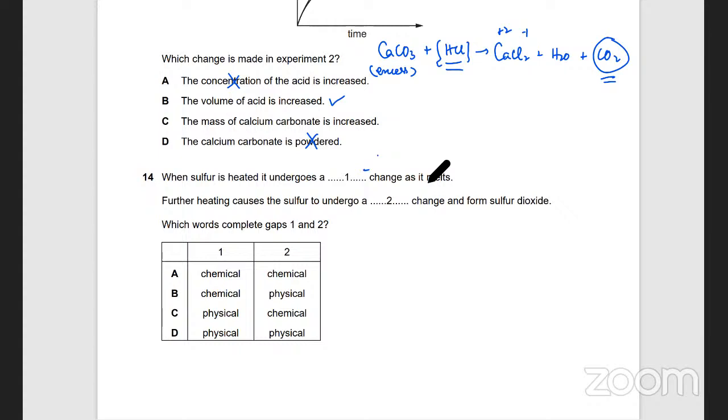Physical. Now he says the sulfur changes to form sulfur dioxide. That's a chemical reaction, right? So it's going to be C.